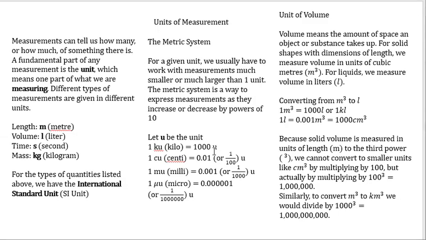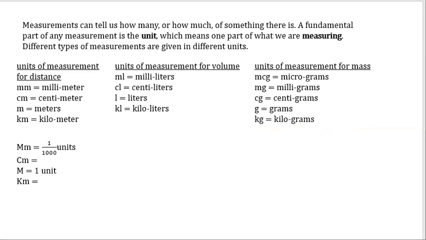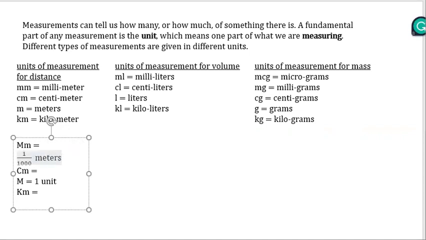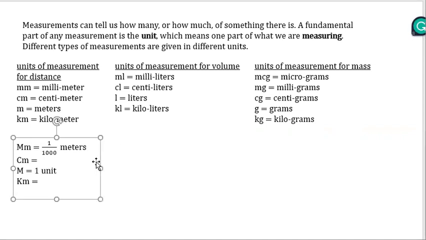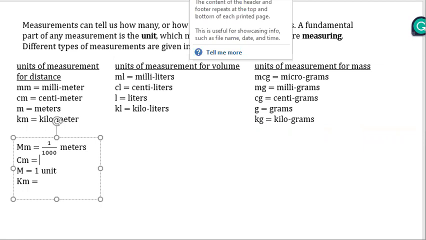Let's look back here. Oh, right. So this is correct. We have 1/1,000, and the unit for measurement here would be meters, right? So for centimeters, somebody help me out here, please.